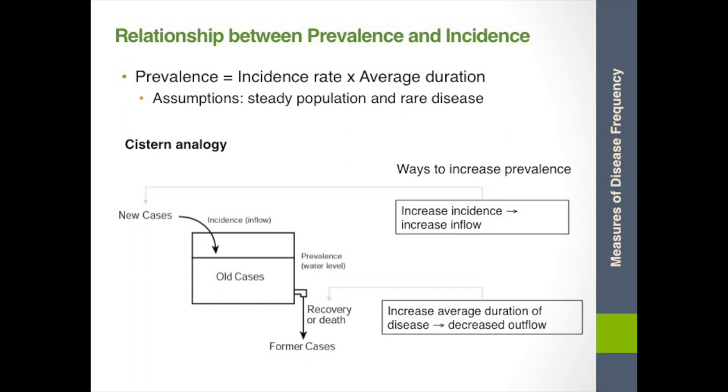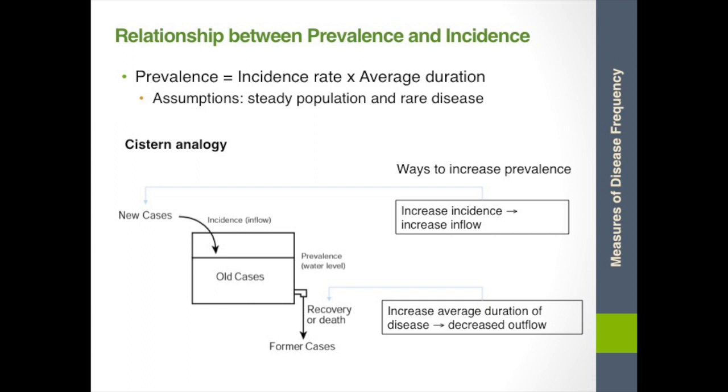The relationship between prevalence and incidence can be visualized by thinking of inflow and outflow from a cistern. The fullness of the cistern would be analogous to prevalence. Raindrops might represent incidence, or the rate at which new cases are being added to the population and become prevalent cases.